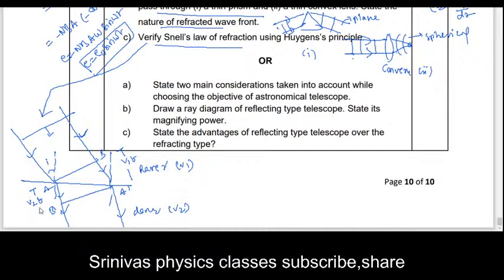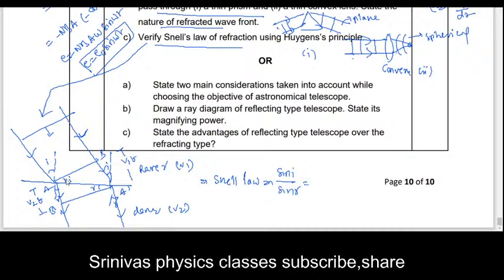Here the distance is speed into time, and from the mathematics, this is the angle of incidence, this is the angle of refraction, here also the angle of refraction, and this is also the angle of incidence. Then Snell's law is what? For that, we find sin i by sin r from the figure.